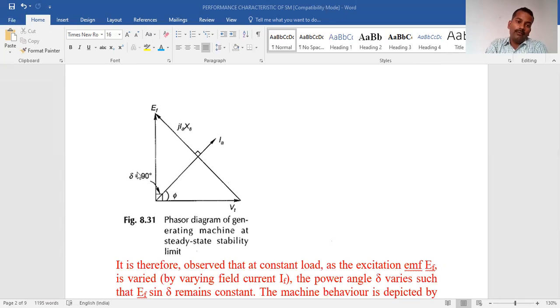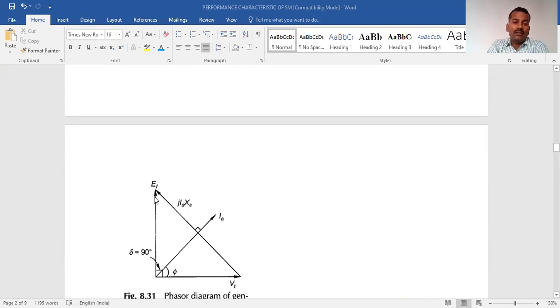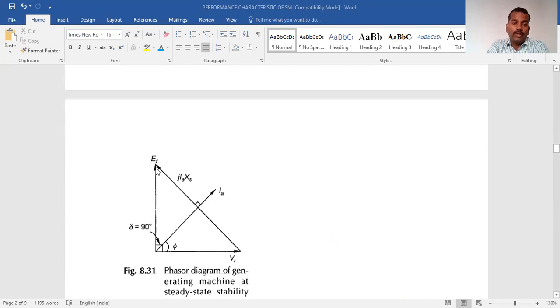Now this graph shows the variation of the delta with respect to the EF. When delta is changed, you can see here EF sin delta, if this is delta and this is EF, then EF sin delta will be this one, right? And this is the armature current IA.